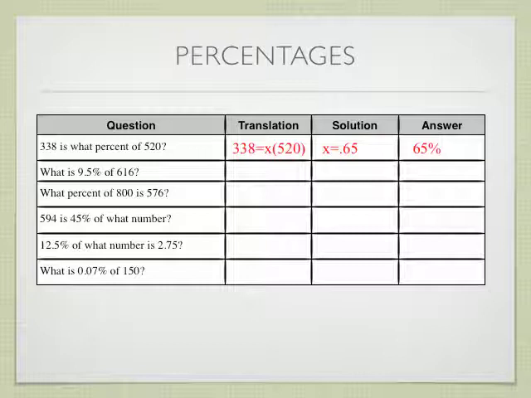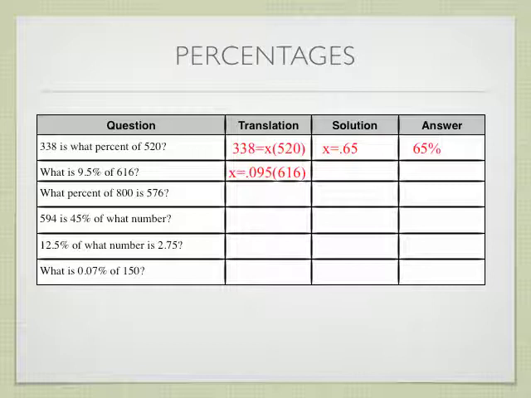Okay, next problem. What is, what? That becomes my variable. So I have x equals 9.5%. Now, if I'm going to use the percentage in a math equation, I need to change it to its decimal form. So that would be x is 0.095. If I take off the percent sign, percent means divide by 100, so I need to make the number smaller.